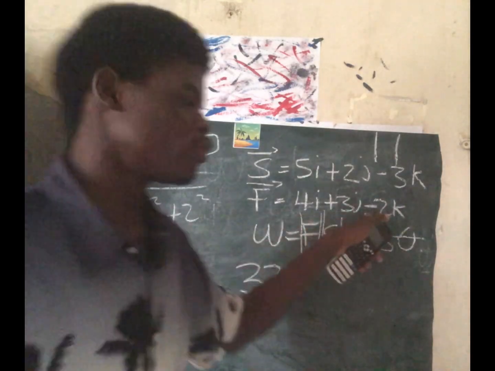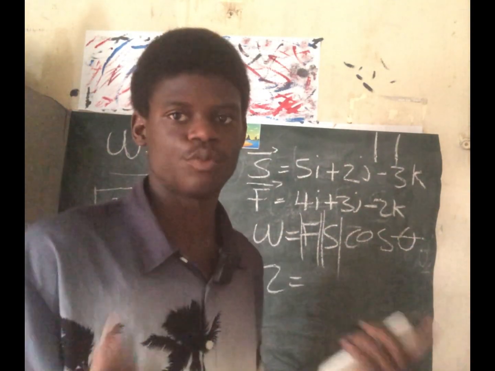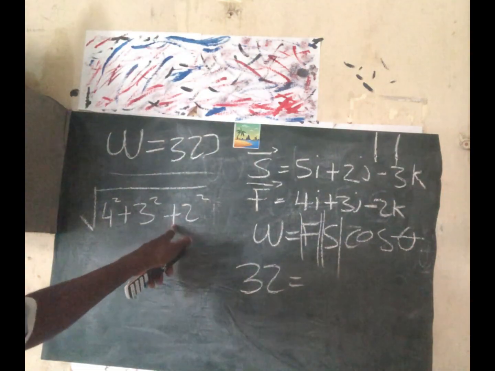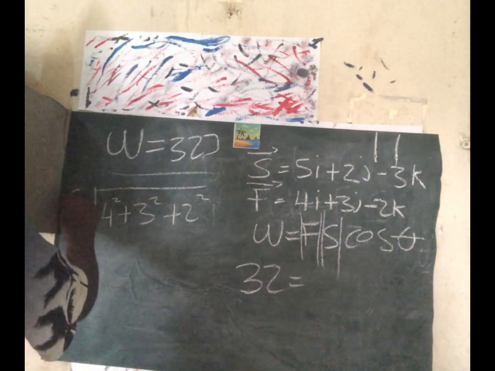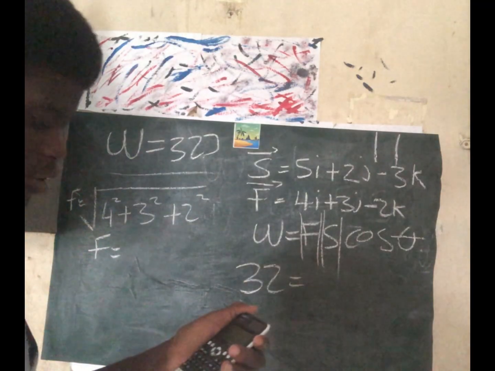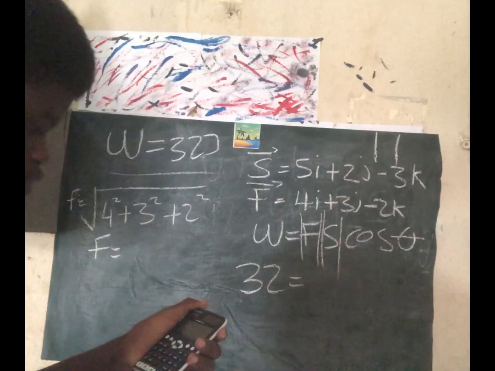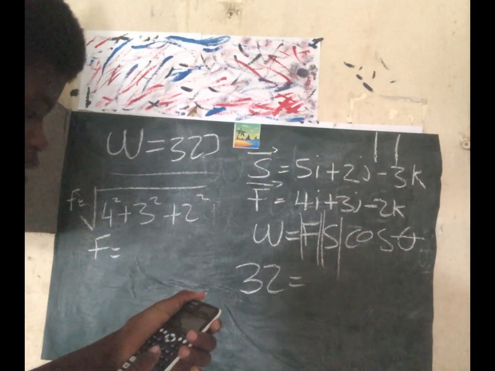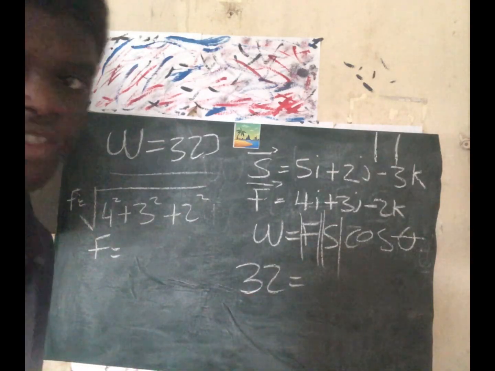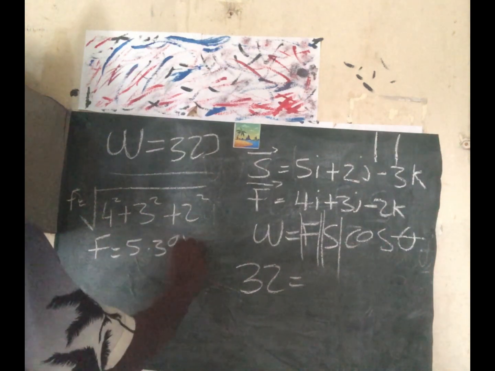Because minus 2 square is also 4, because minus 2 times minus 2 gives you plus 4. So when we do this for F, the magnitude of F will be 5.39 Newton.